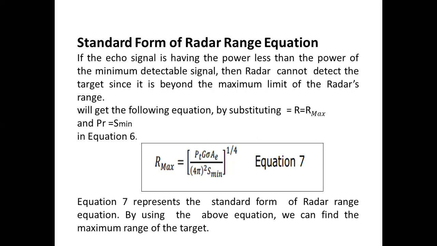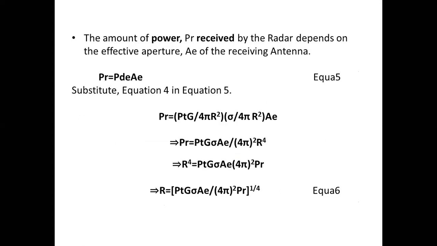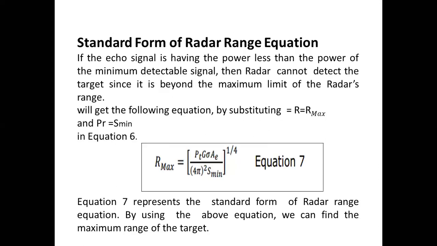Next, this radar equation you can call the standard form of the radar equation. That means if the echo signal has power less than the power of the minimum detectable signal, then the radar cannot detect the target since it is beyond the maximum limit of the radar range.